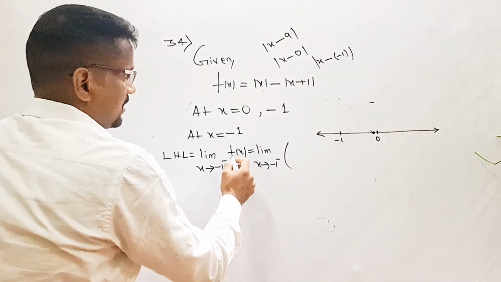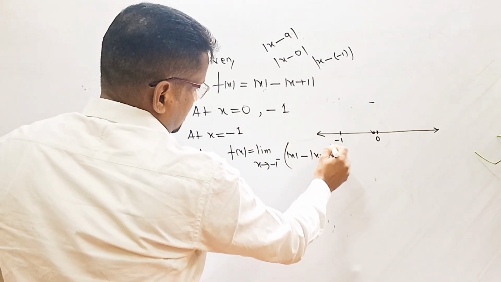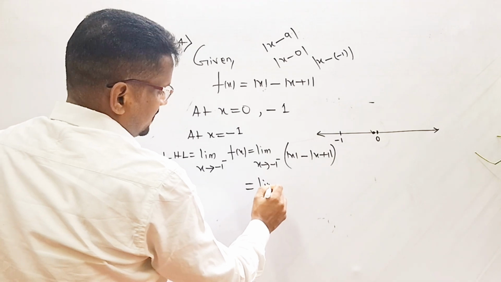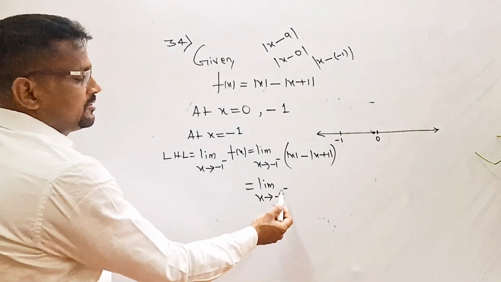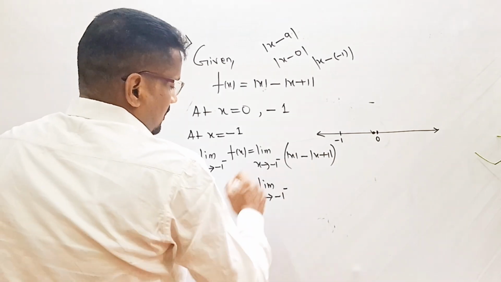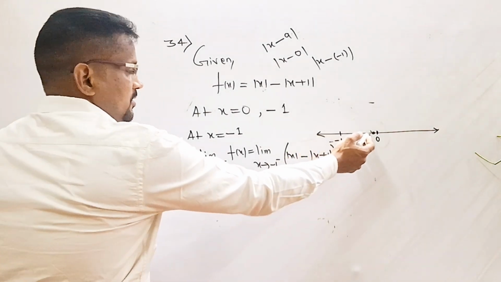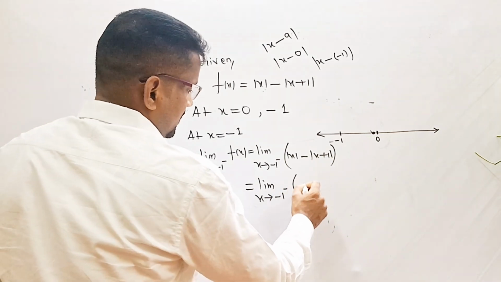Now you see, f of x is modulus x minus modulus of x plus 1, as x tends to negative 1 from the left. This sign means that the value of x is just less than negative 1. Now x is less than negative 1, definitely less than 0. That's why you will get minus x.